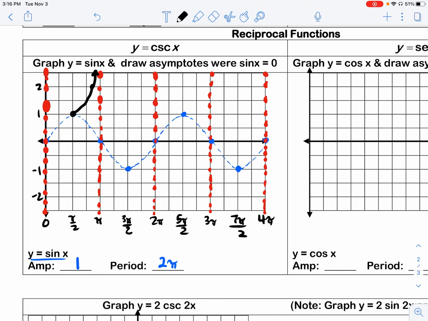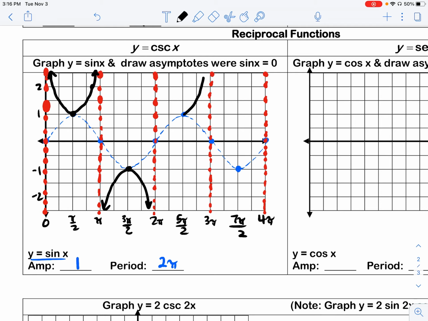Because as the sine values get very small, their reciprocals are going to get very large. So the result is a graph that looks like this. For these branches, I'm not really particular about you plotting points or making them super accurate. You can just graph that value here and draw values that are decreasing and approaching the vertical asymptote.